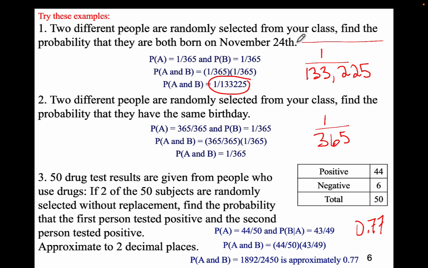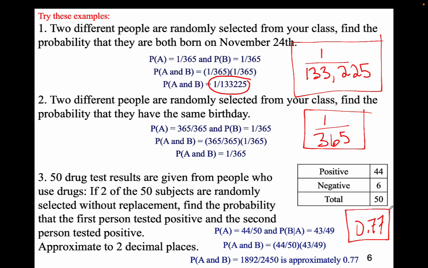So these are the correct answers. If you got them without seeing my work, great job. If not, I was gonna then show you how to obtain them, but my work showed up before I could get there. So probability event A, 1 out of 365.